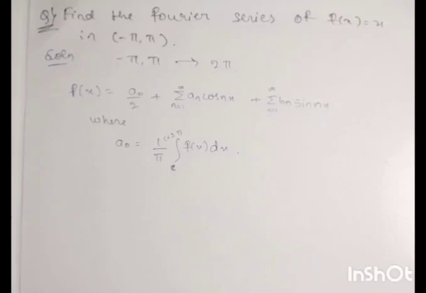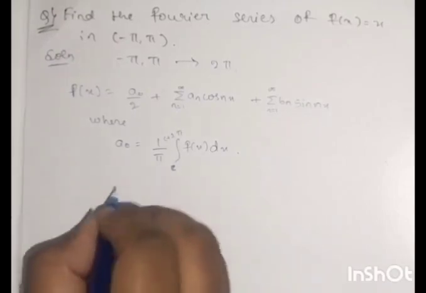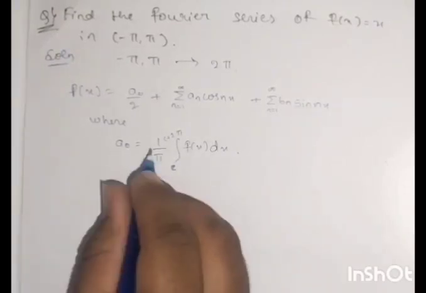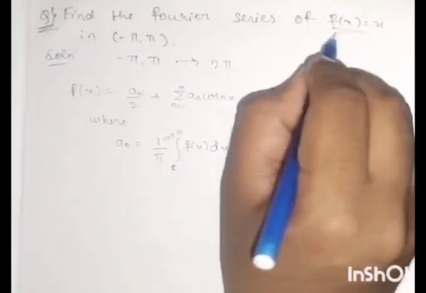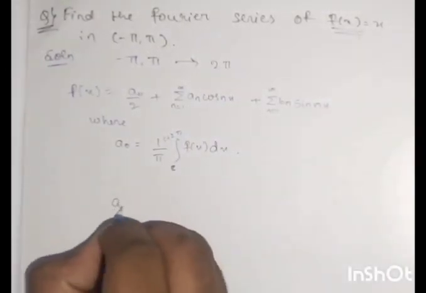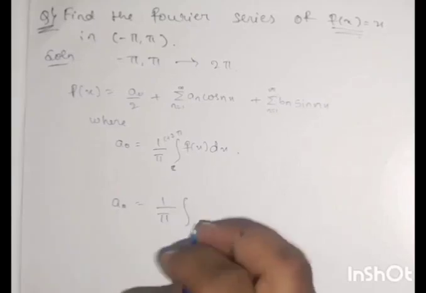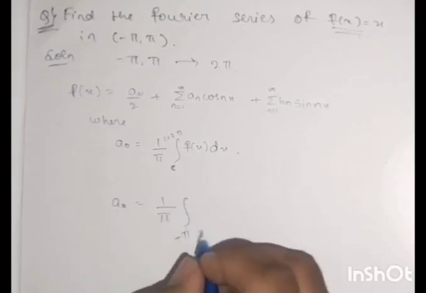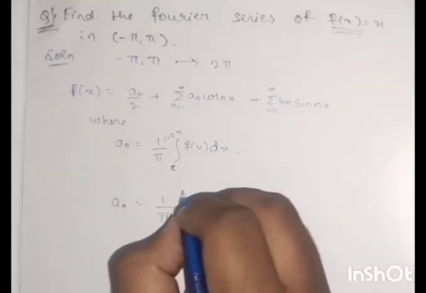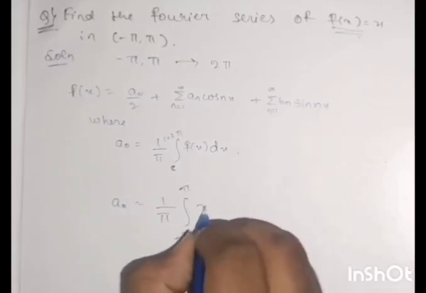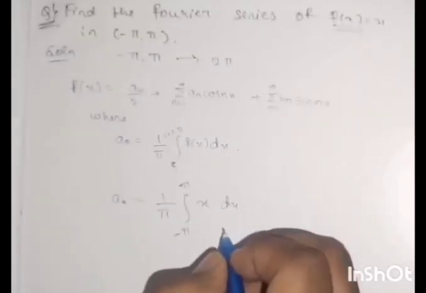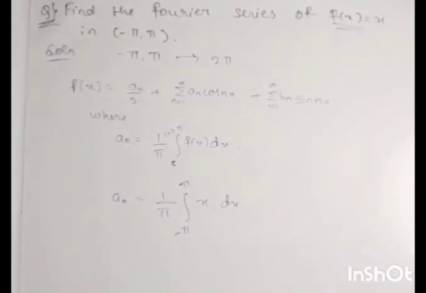Now we will find a0. Here f of x is x, so a0 equals 1 by pi integral, c is minus pi, and c plus 2 pi is pi, and f of x is x dx. Here we need not apply Bernoulli's rule, it is a simple integration. So 1 by pi will be outside.